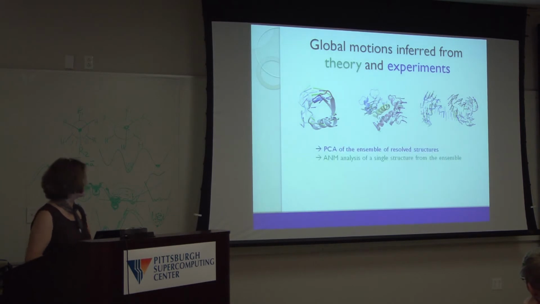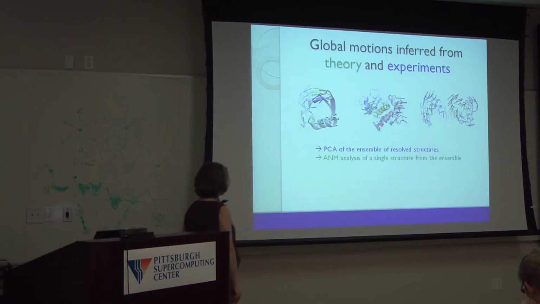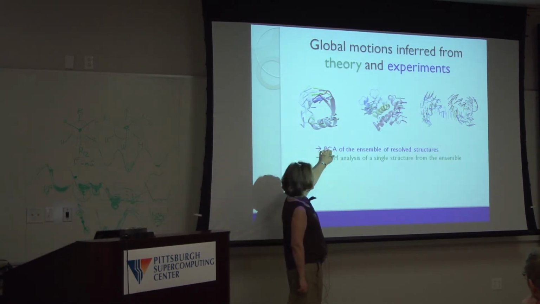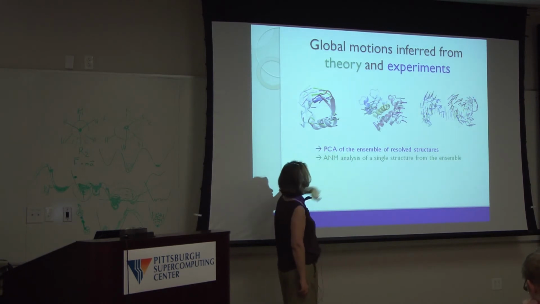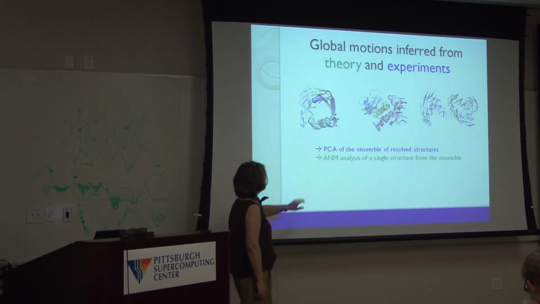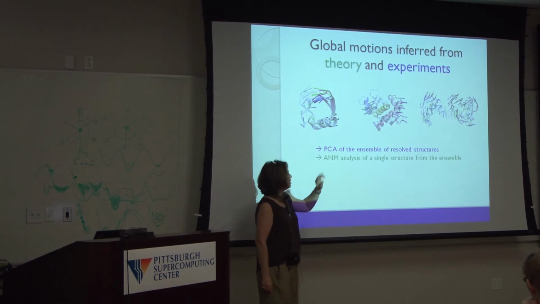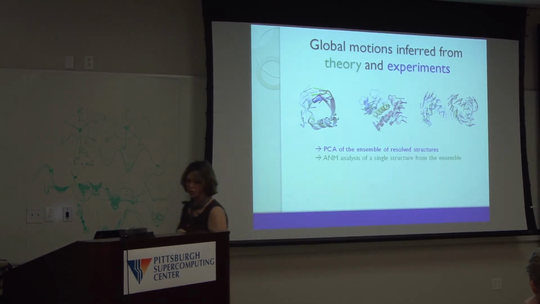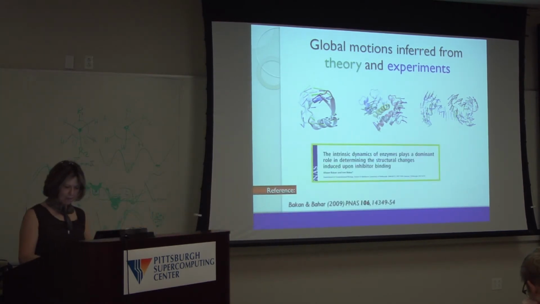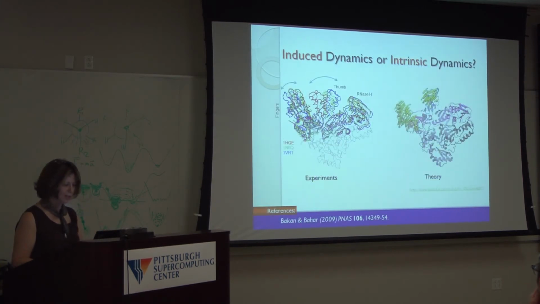So we are doing essentially, okay, we know now which color is which. The PCA of the experimental structures are in violet, and the ANM modes are in green, and you can see how they agree in general. This is from this PNA study that I have already mentioned of Ahmed.